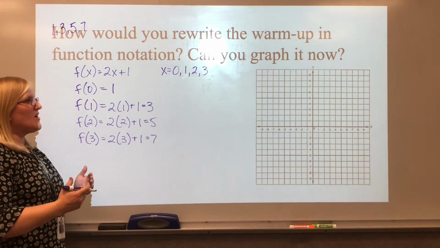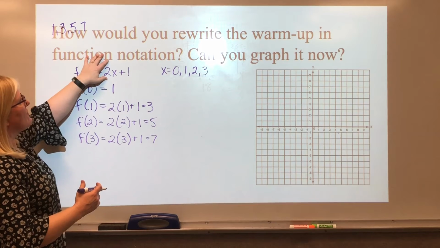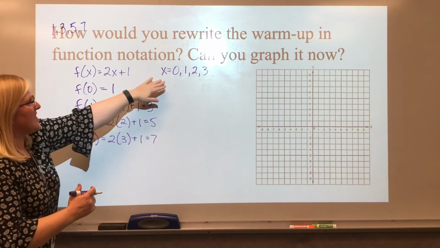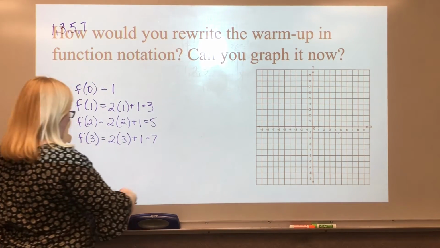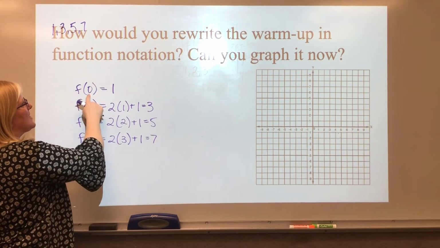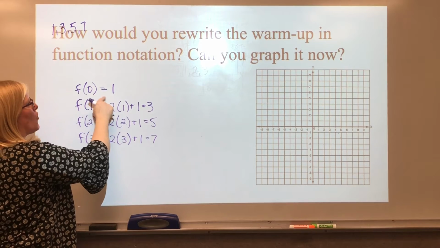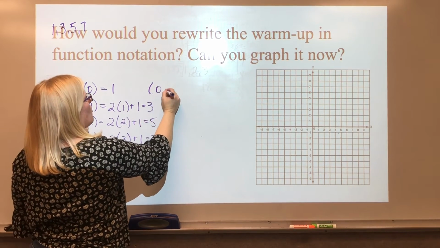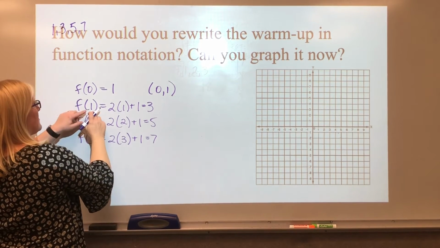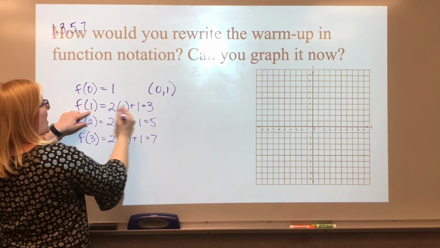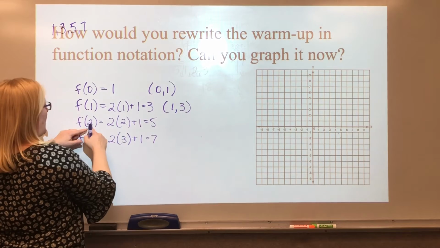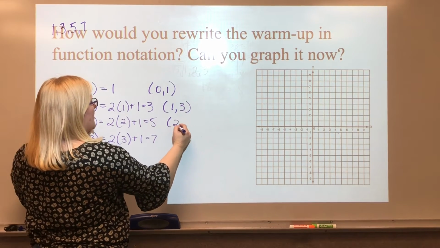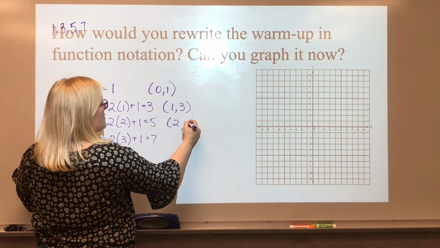So, can I graph it now? Say I don't have this. Say all I have is this. This tells me that this coordinate point right here is 0, 1. It tells me this one, f of 1, this is my x value, this is my y value. Here's my x value, so I know what it is that I've dropped in here.